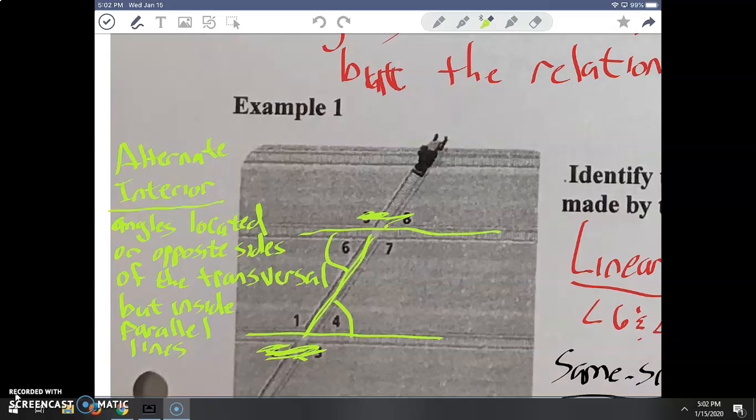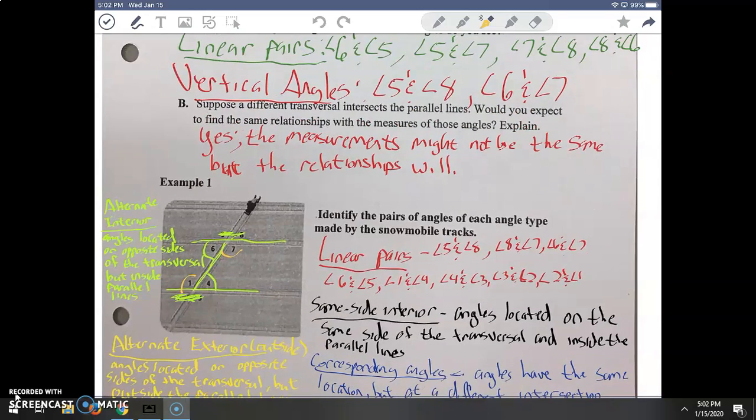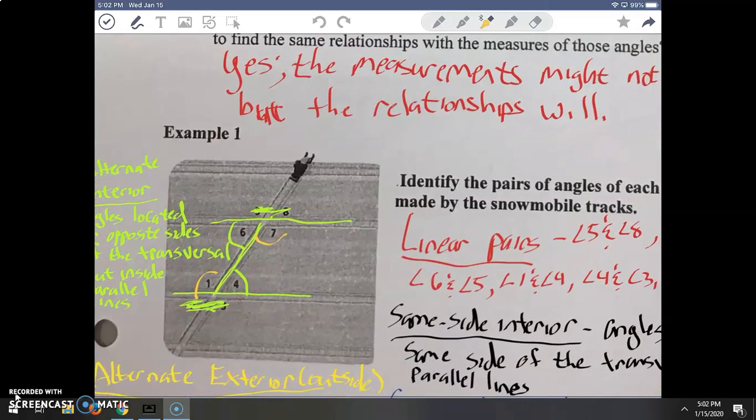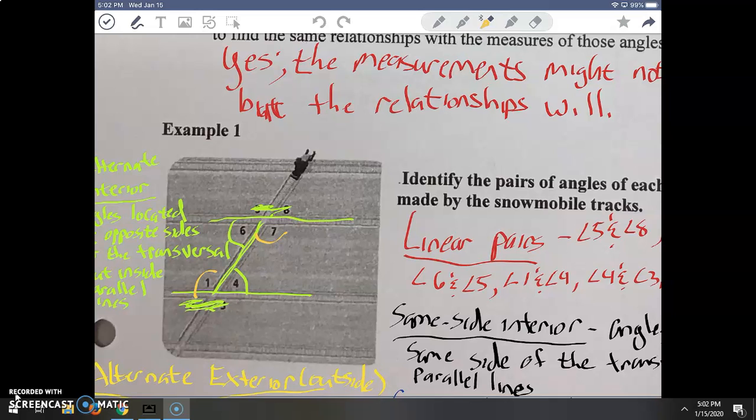That would be 4. If I use angle 7, its alternate interior, on the opposite side of the transversal and inside the parallels, would be angle 1. All of these we will go into more in depth later. I just wanted to locate and briefly talk about them in this picture as an introduction.